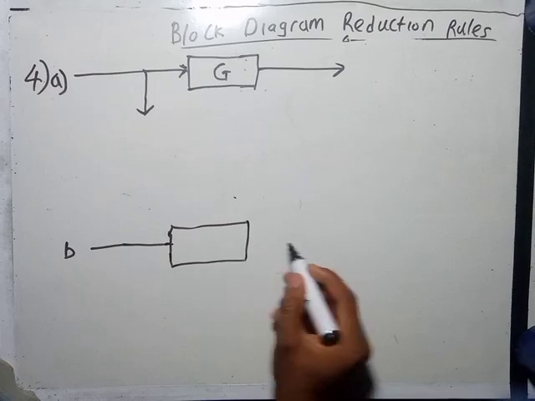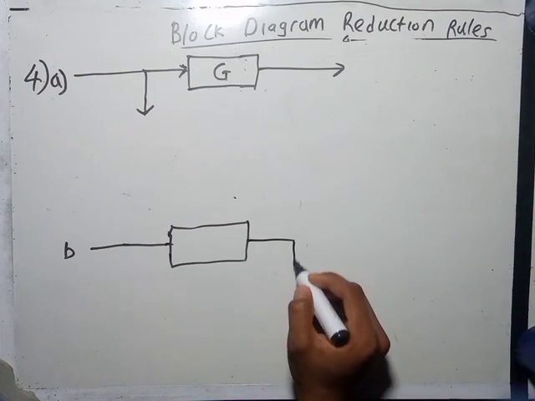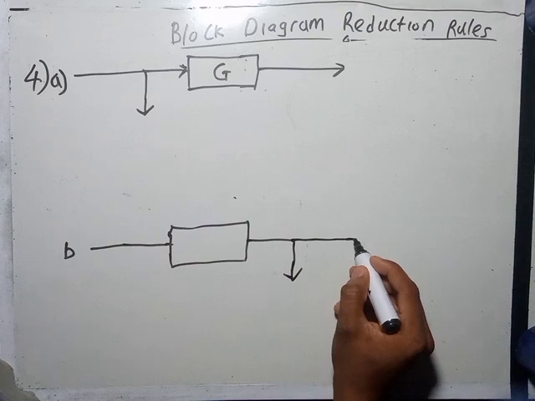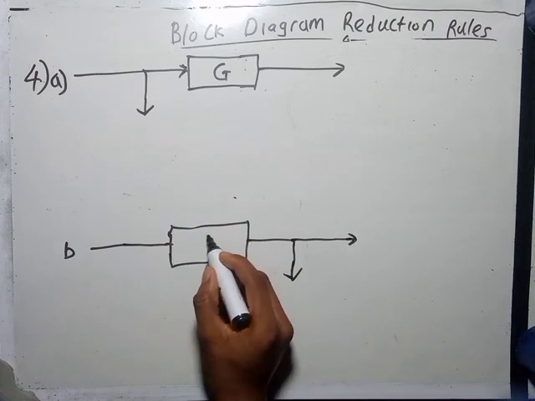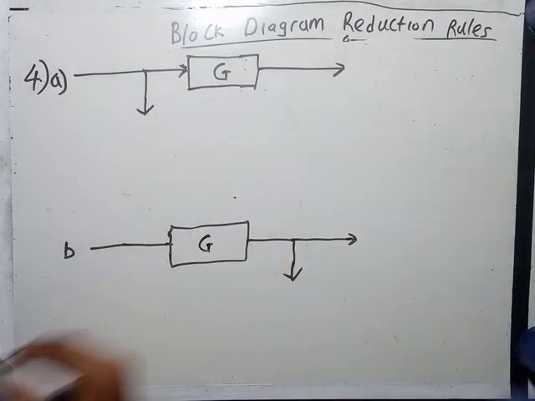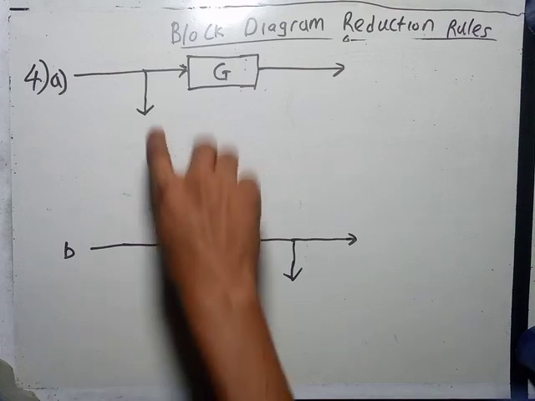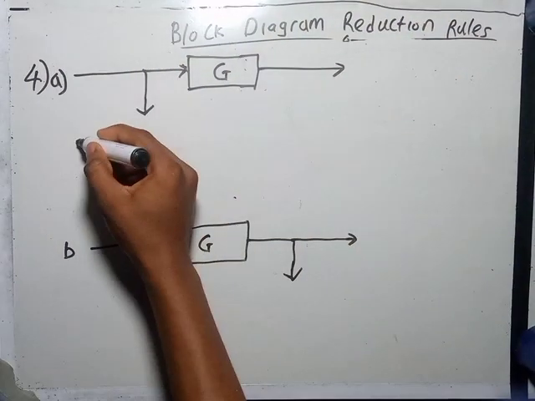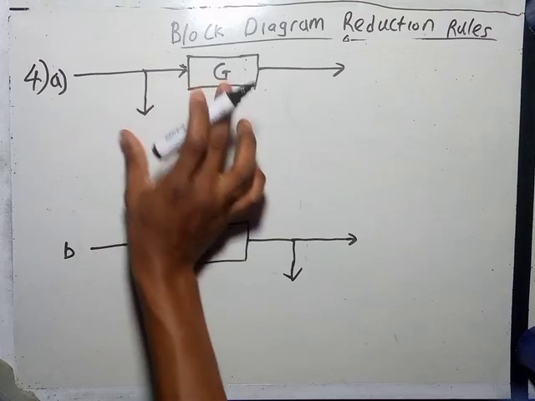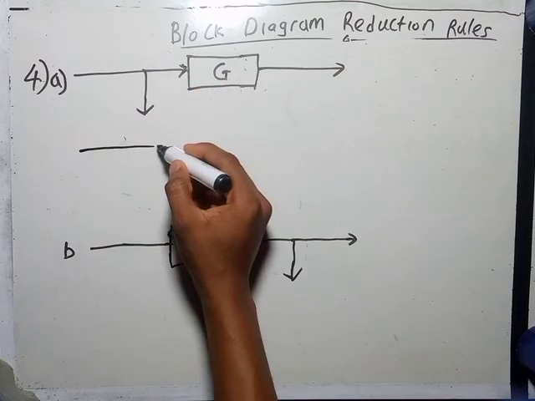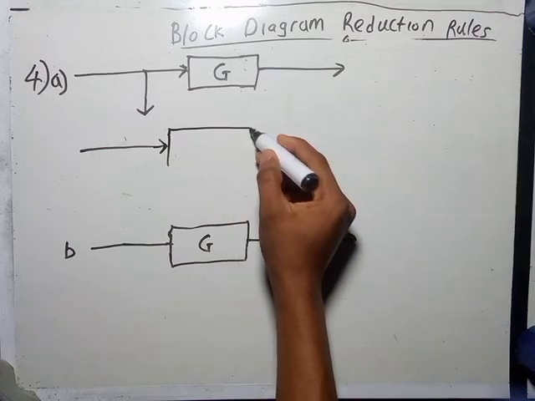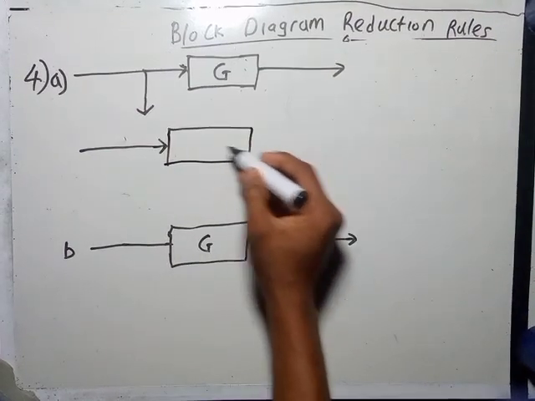So for the first case, in order to move our branch point forward, we'll do the opposite of what we do for the summing points.